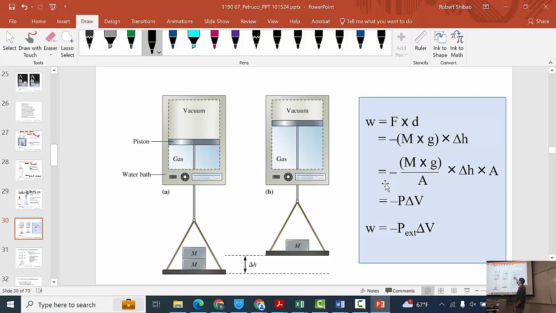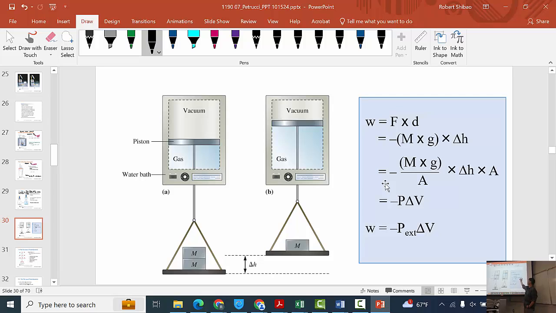And so what we know is the amount of work is equal to the force applied on an object times the distance you move that object. The force is given by the mass times the gravitational constant, mg, and the distance is given by h, or delta h. So this is mg delta h. Mg delta h is the amount of work you're going to do for this particular thing.